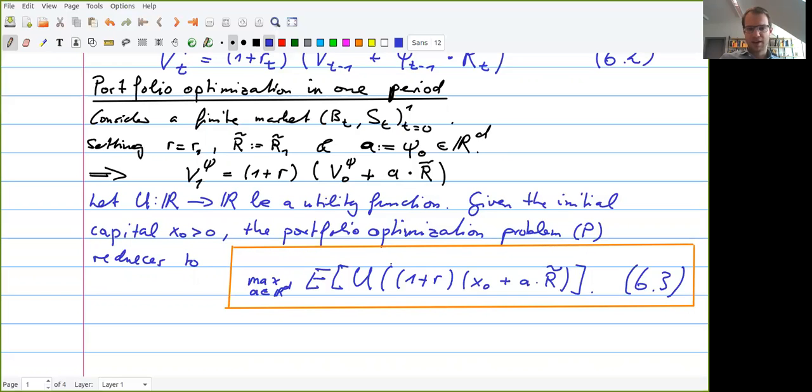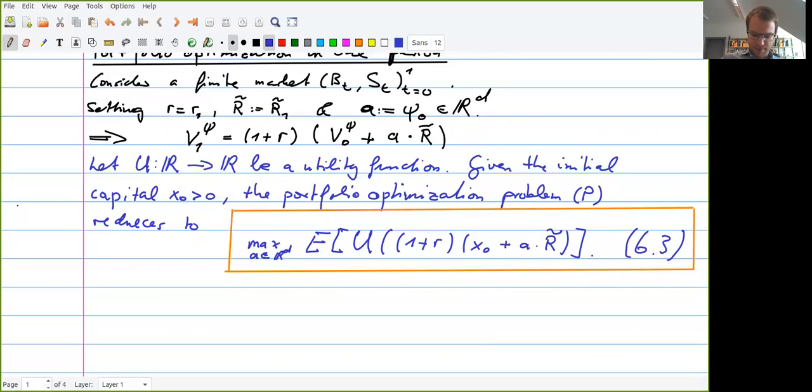In order to be able to do this, I need the following lemma, which characterizes the no arbitrage condition on this finite financial market B, S. So let's start with our first lemma for today, 6.12 in the lecture notes.